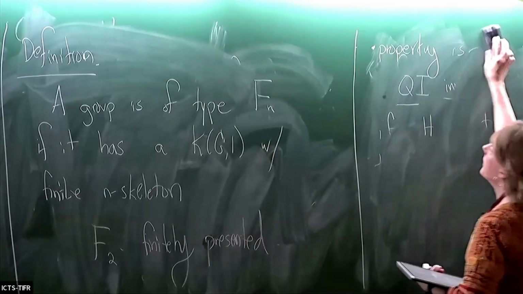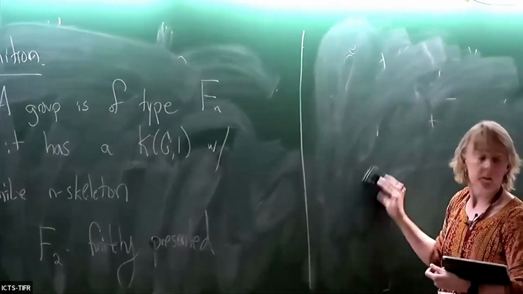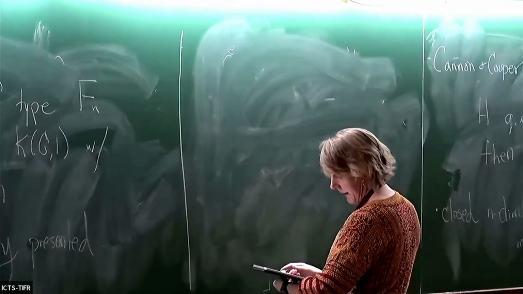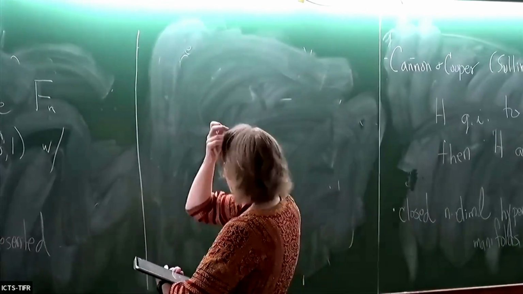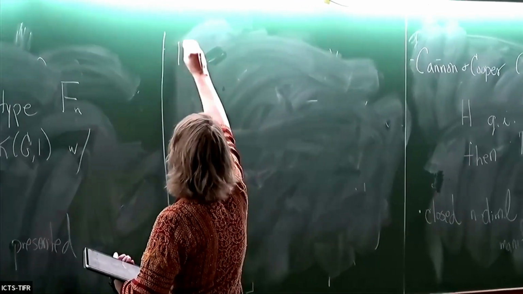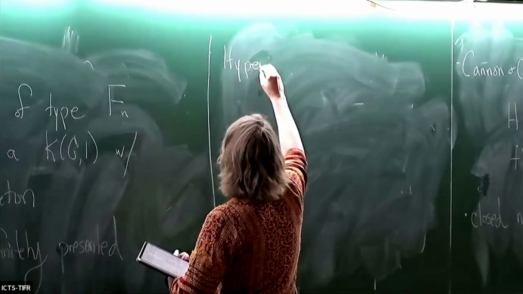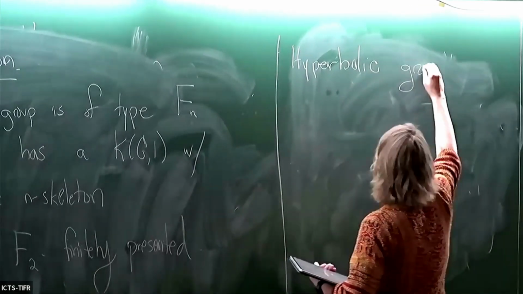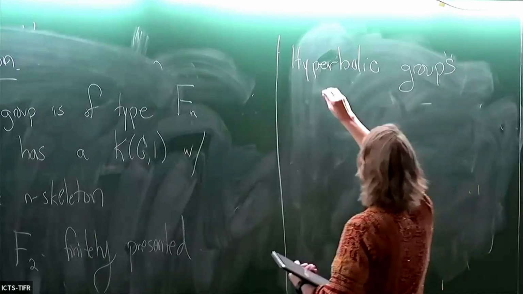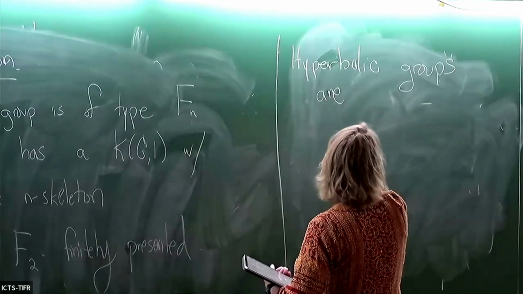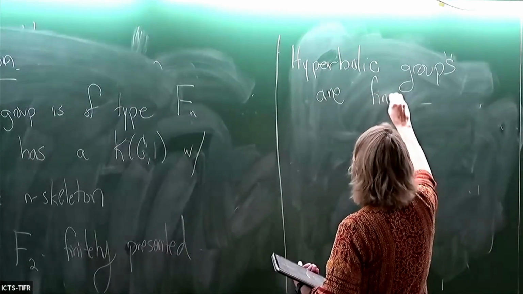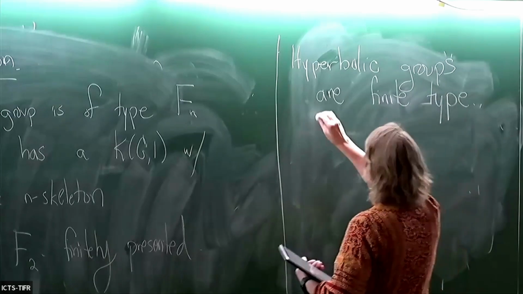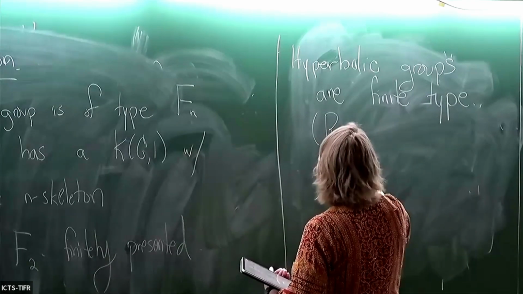Okay, so some facts. Some hyperbolic groups are finite type. They actually admit a finite K pi 1, so the universal cover of this is the Rips complex.